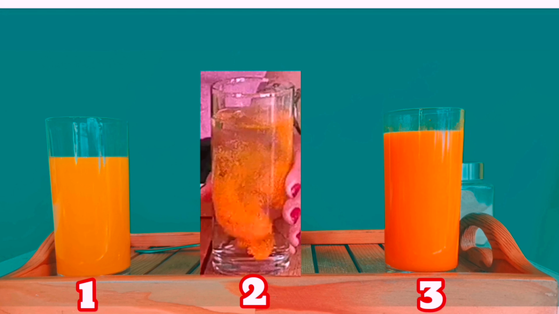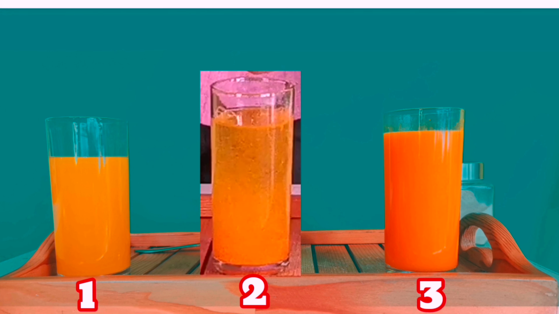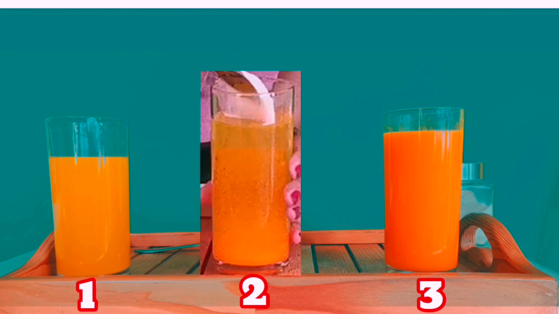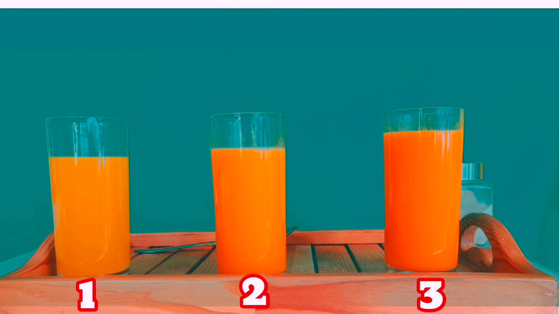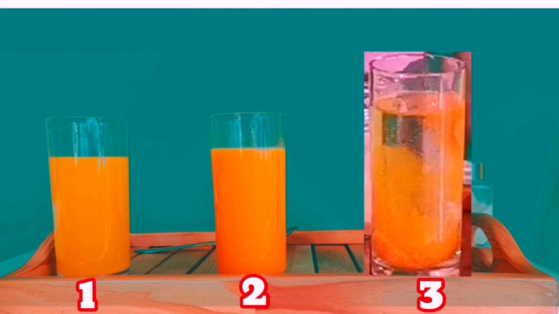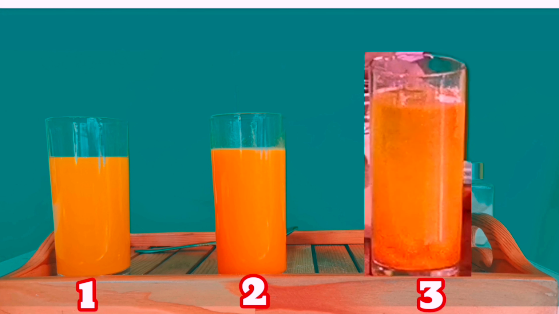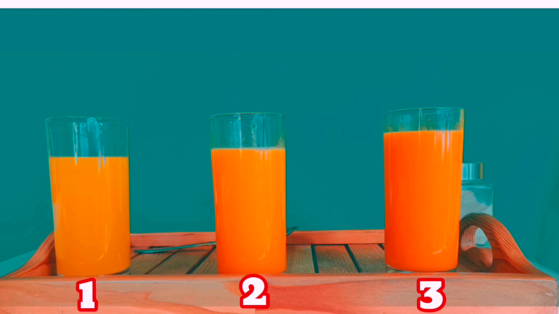The second glass, with 2 tablespoons of powdered orange juice with the same amount of water in an identical glass, is darker compared to the first glass. The third glass, with 4 tablespoons of the same powdered juice in an identical glass with the same amount of water, is darker than the second glass.